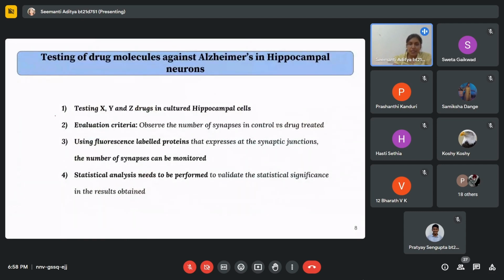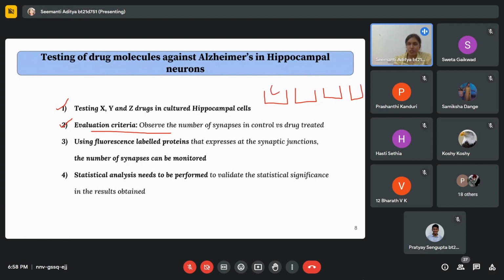So if we are testing X, Y, and Z drugs in cultured hippocampal cells, and the evaluation criterion is to observe the number of synapses present in control versus drug treated, then again we have to plate the cells in 4 dishes. One dish is for control, and 3 dishes are for different drugs.